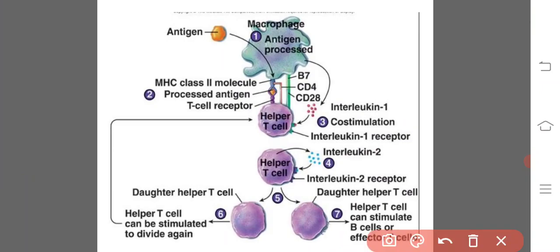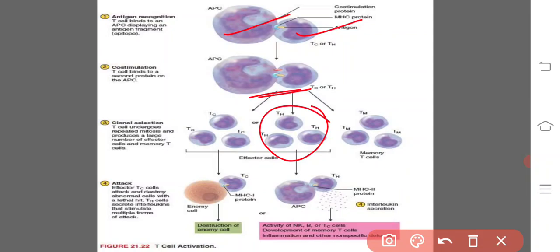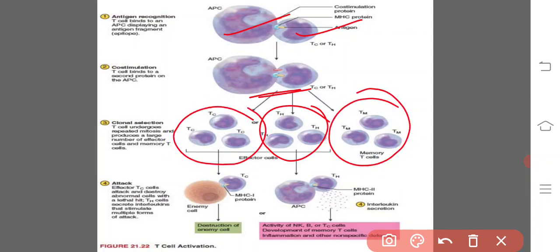So here we will see the macrophage, which is the antigen presenting cell. These are the T helper cells. They in turn activate the other T lymphocytes and they may also stimulate the B cells. Here also, this is the antigen presenting cell. There is interaction of the T helper cell, and due to this interaction, there is a development of the T helper cell population and cytotoxic T lymphocytes, activation of these, and T memory cells.